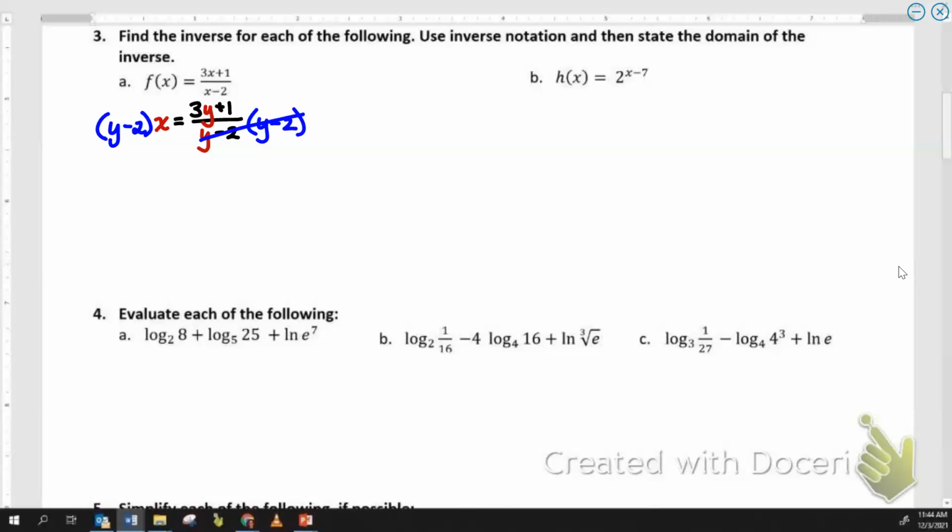Yes, 7/4. So I'm going to subtract these two. 2 minus 1/4. So I have to change this. So that would be 8/4 minus 1/4.